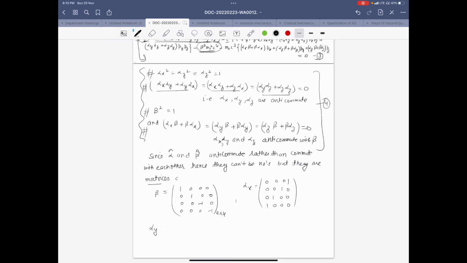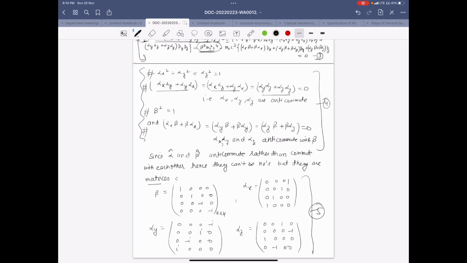Alpha y is 0 0 0 minus iota, 0 0 iota 0, 0 minus iota 0 0, iota 0 0 0. And alpha z is 0 0 1 0, 0 0 0 minus 1, 1 0 0 0, 0 minus 1 0 0. This is your equation number 5.